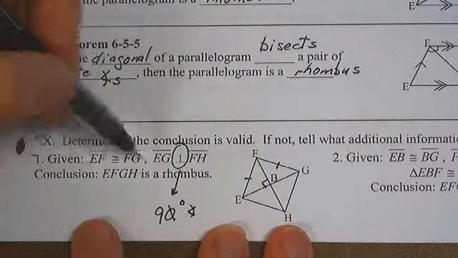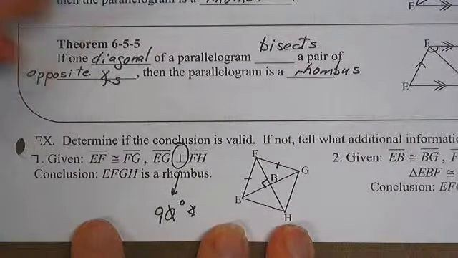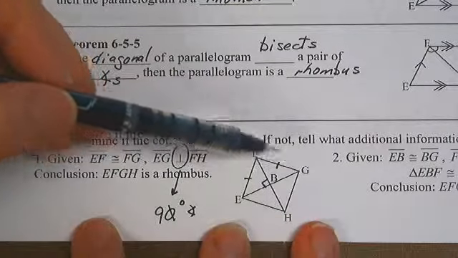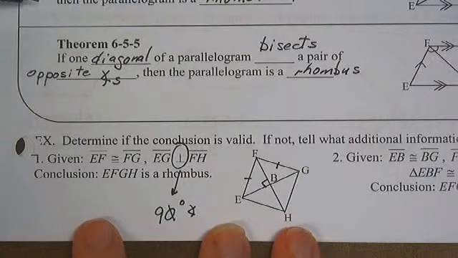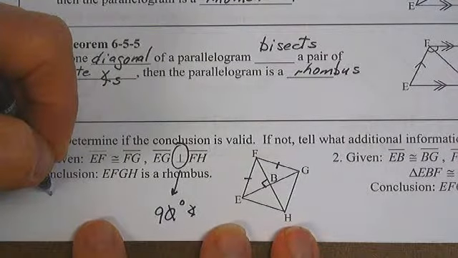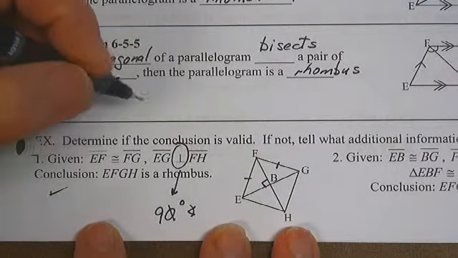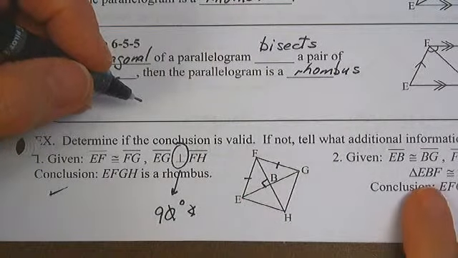Okay? They conclude that this is a rhombus. Well, let's see. We have one pair of consecutive sides congruent. That makes it a rhombus. We also have perpendicular diagonals. Again, that makes it a rhombus. Yes, the conclusion is valid because we have a four-sided figure.